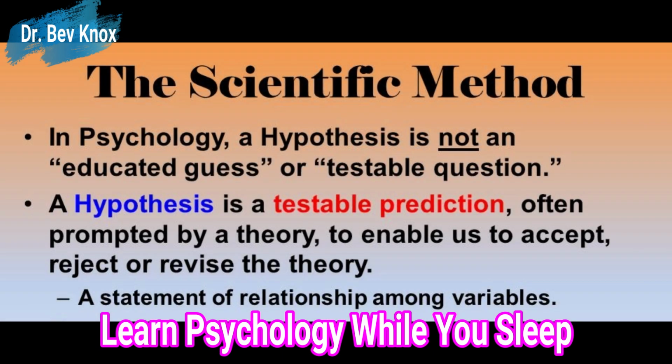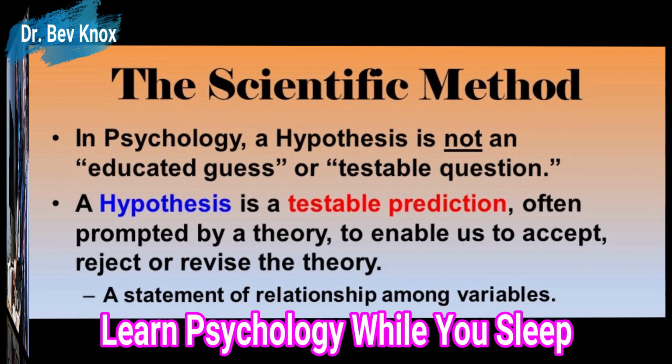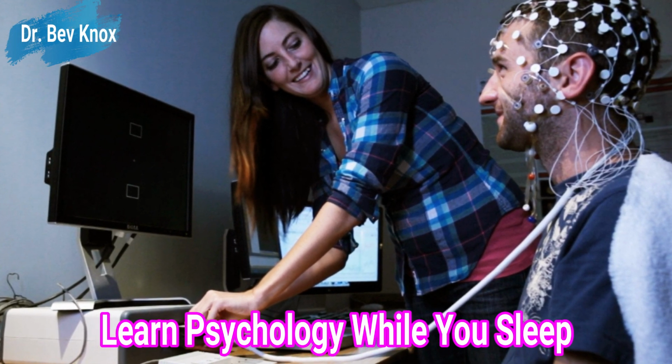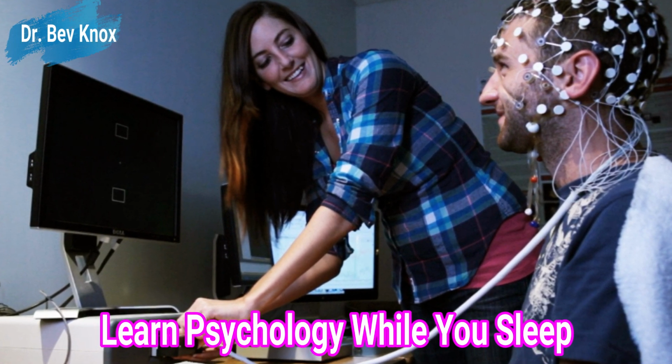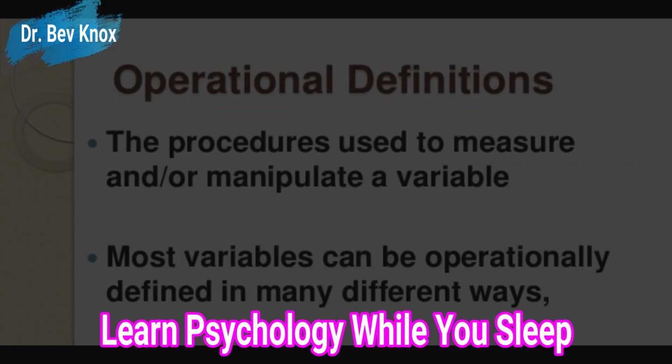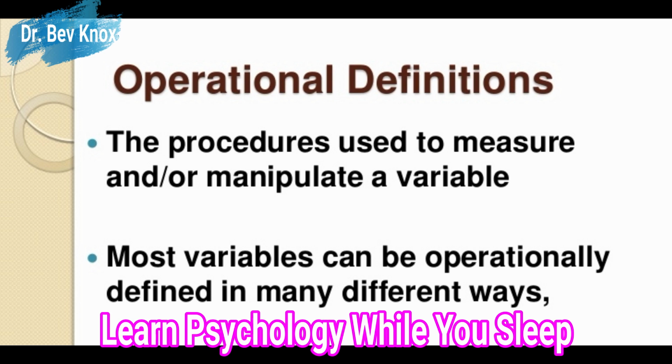A good theory produces testable predictions called hypotheses. A hypothesis is a testable prediction often implied by a theory. Our theories can bias our observations. To avoid biases, psychologists report their research with precise operational definitions of procedures and concepts.